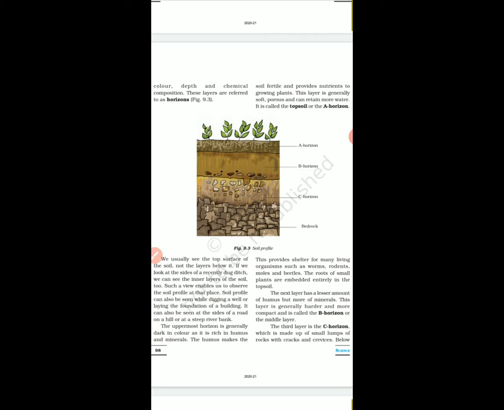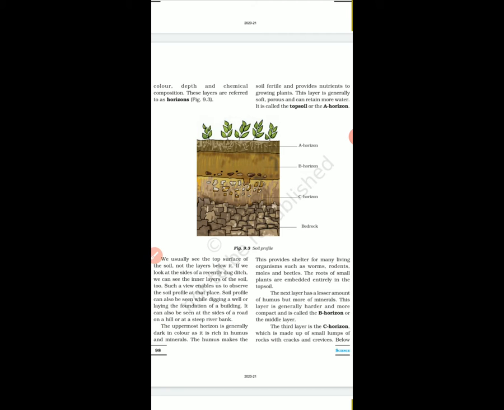In the first part, we have seen about the layers of soil, right? That is the humus, then the water, clay, sand, and gravels. Then we were talking about the soil profile, which are different horizons, which have different layers.